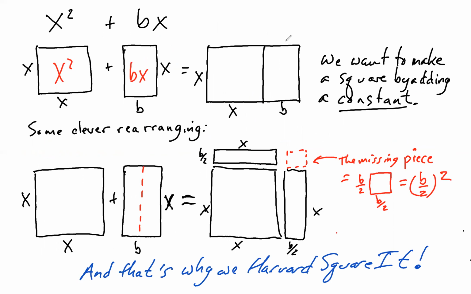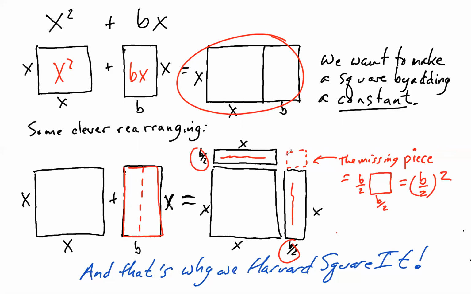If I join them together, I get a rectangle, but I need to get a square. So let's make some clever rearranging. I'm going to take bx and snip it in half, and I'm going to take half of it and lay it up here and leave the other half right here. So this is b over 2 units wide, and so is that.